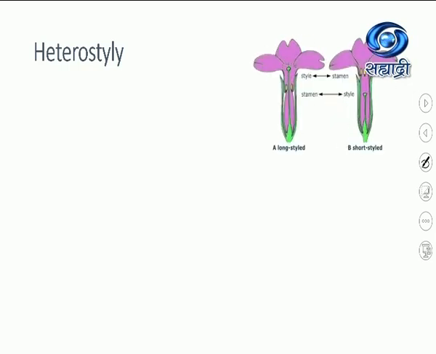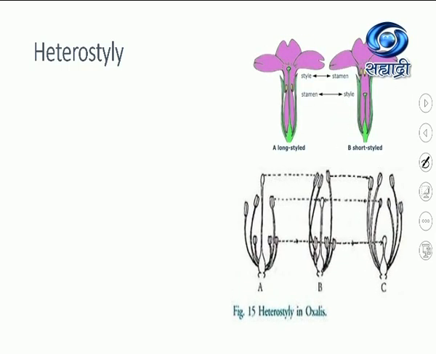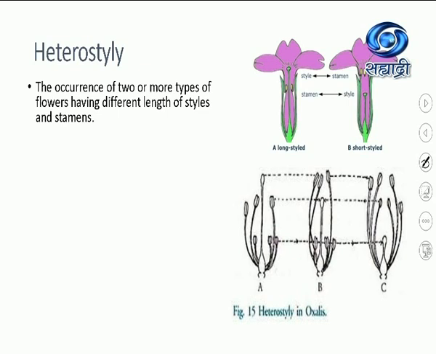After this, we will discuss heterostyly. A very interesting example of heterostyly we will study in oxalis and primrose. It is the occurrence of two or more types of flowers having different lengths of styles and stamens. Look at this picture. First flower A, flower B. Look at the height of the anthers in this, and the height of the anthers here. Look at the height of the carpel here and here.